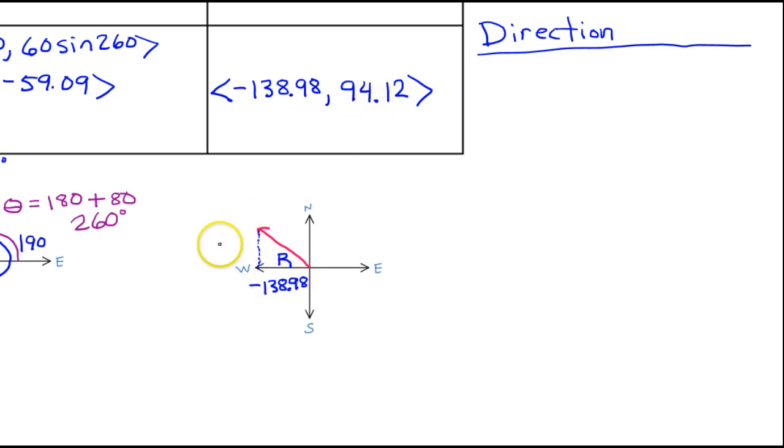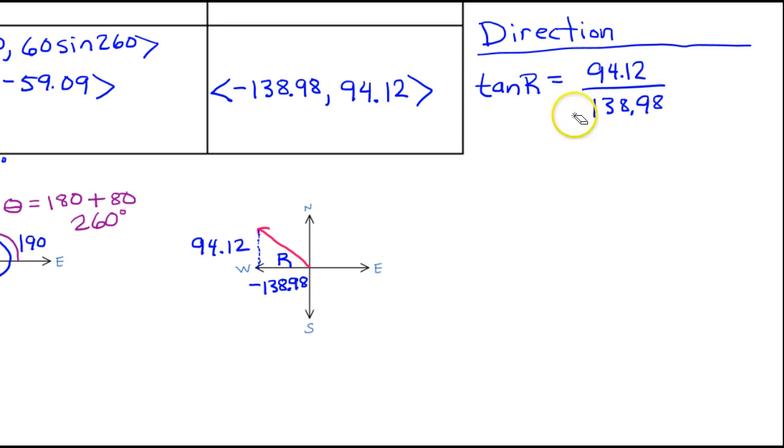And this is the vertical component, so the 94.12 goes here. Now we can find the direction starting with the reference angle using tangent. We know that the tangent of R will equal 94.12 over negative 138.98. Now I am going to erase the negative sign because all I care about is the positive value of R.